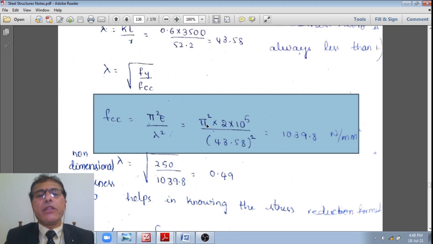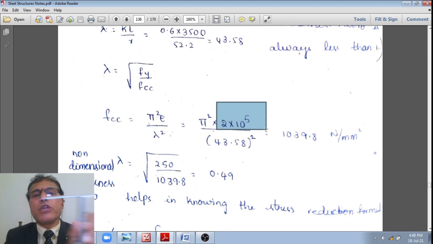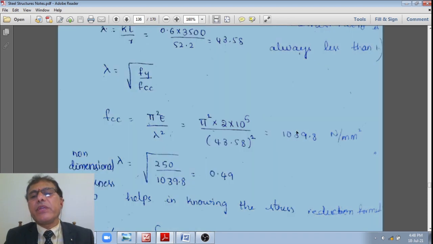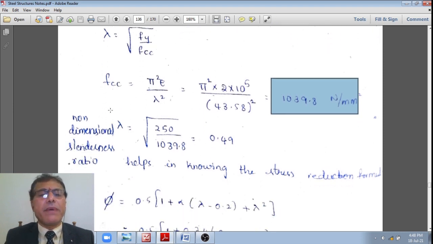In the numerator, pi square E, the default value of Young's modulus of steel is 2 × 10 to the power 5 as per this code. Substituting which, we get 1039.3 Newton per mm square as the Euler's buckling stress.